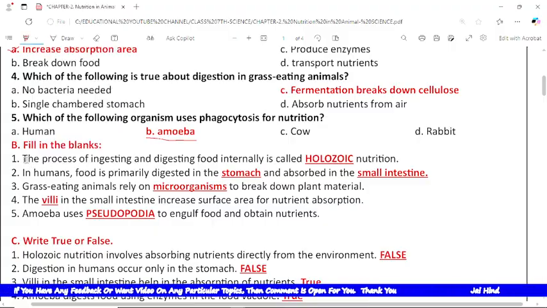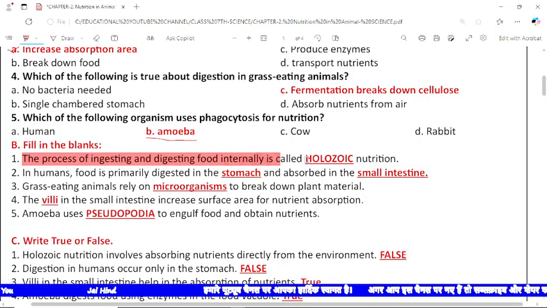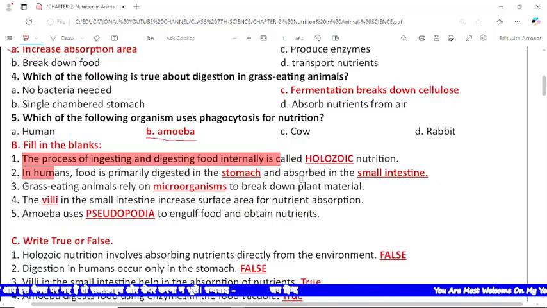See, the first is: the process of ingesting and digesting food internally is called holozoic nutrition. The next question, second number: in humans, food is primarily digested in the stomach and absorbed in the small intestine. Nutrient energy is absorbed in the small intestine.